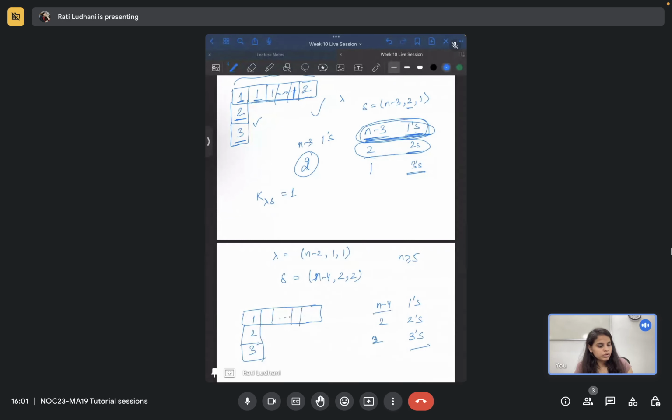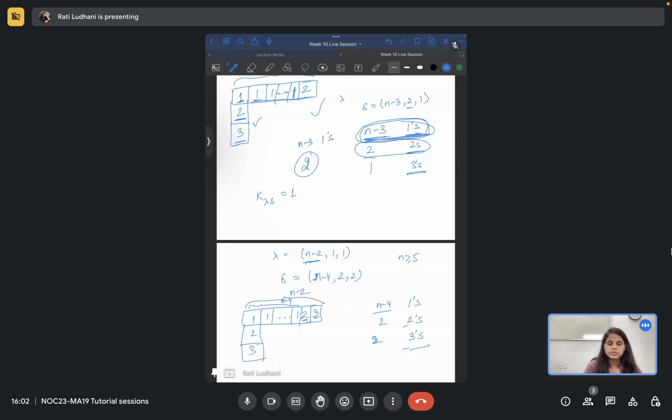Now you have 2 blocks at the end, because this is n minus 2, because lambda is this. Out of these, n minus 4 is already 1. Now you need to see what the other two are. The last two, you have the option 2 and 3 only. So you will have 2 here and 3 here. Again you have just one block.